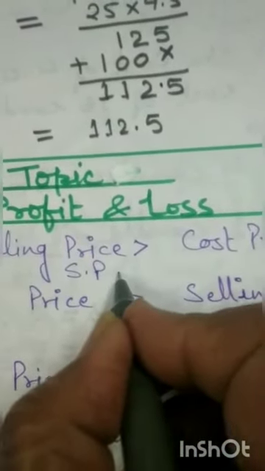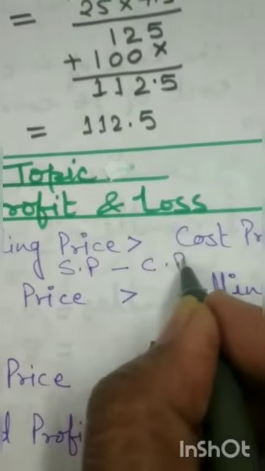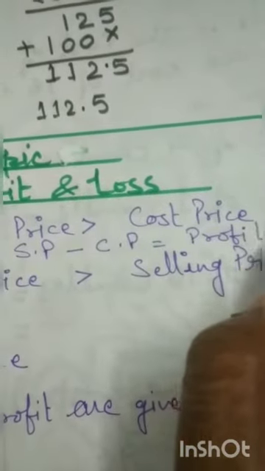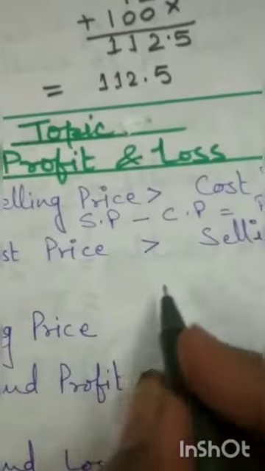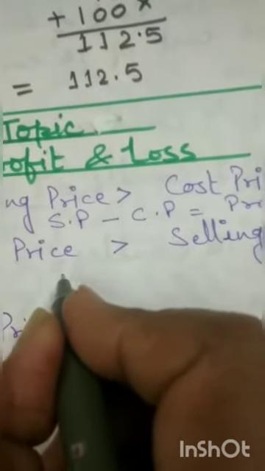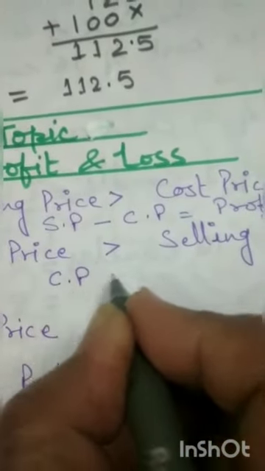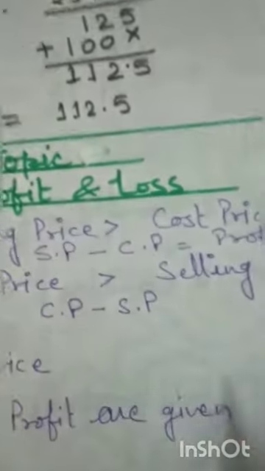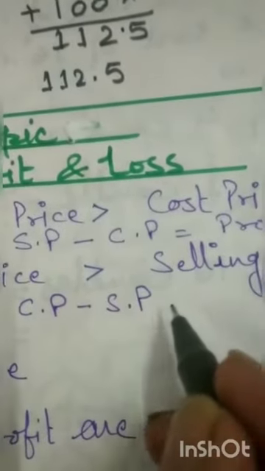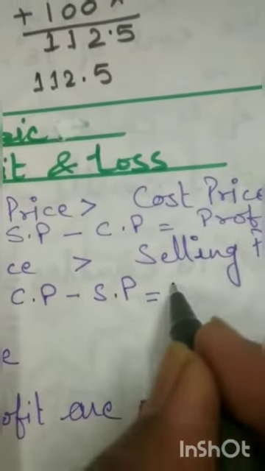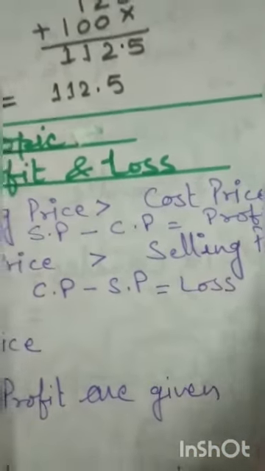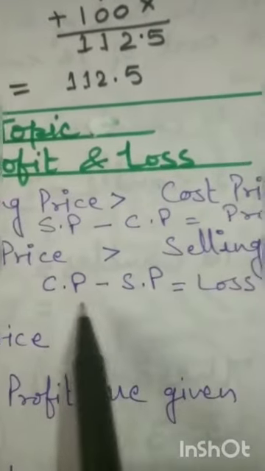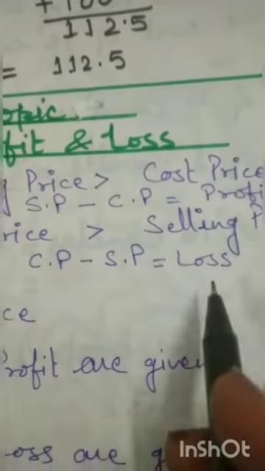SP minus CP is equal to profit. And if cost price is greater than selling price, when we subtract CP minus SP, cost price minus selling price, we get loss.